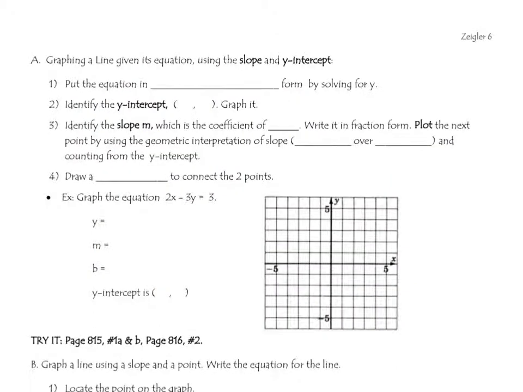So at the top of page 6, we've just shown that to graph a line given its equation using the slope and y-intercept, we put the equation in the form of y equals mx plus b, which is slope-intercept form.